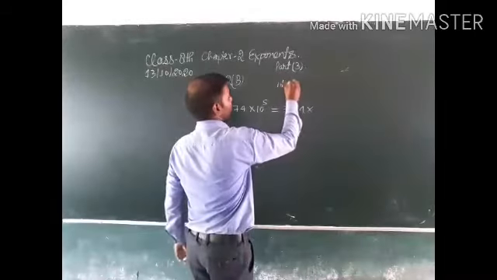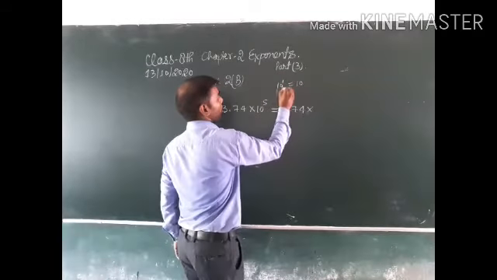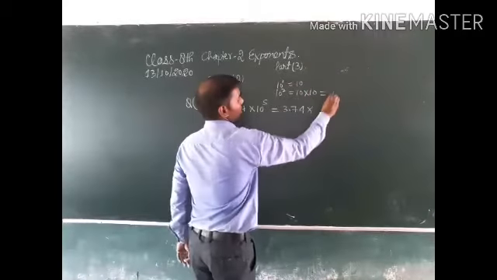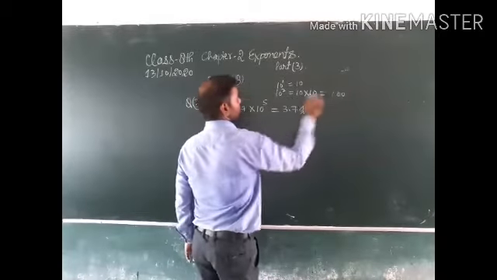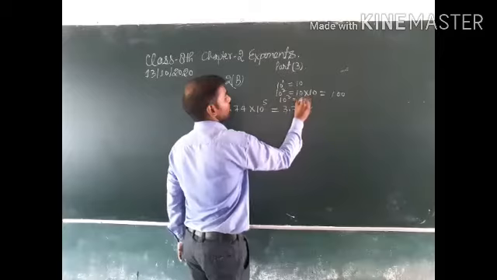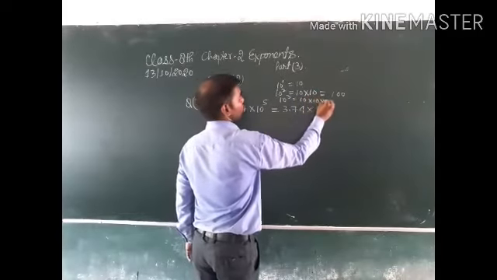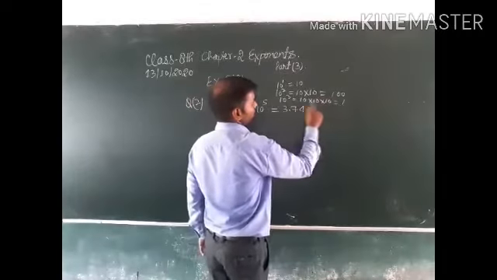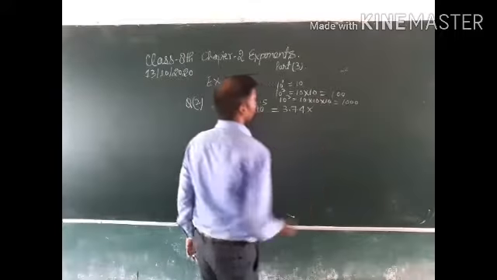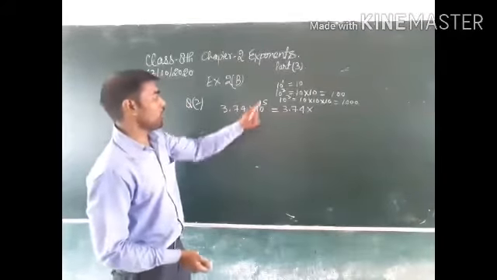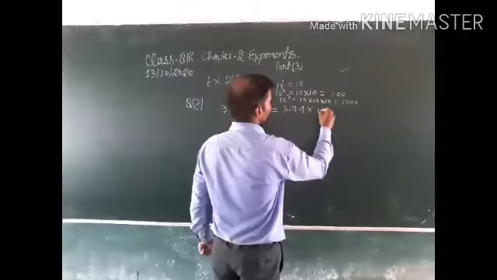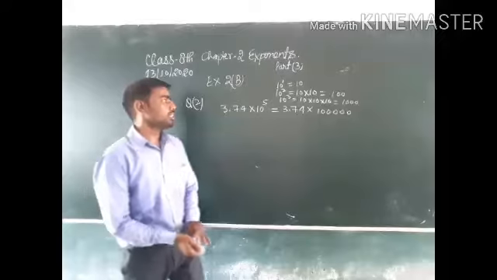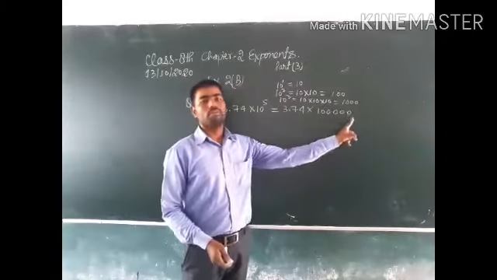10 to the power 1 means 10. 10 to the power 2 means 10 into 10, which is 1 and 2 zeros. 10 to the power 3 means 10 into 10 into 10, which is 1 and 3 zeros, that is 1000. So we can write 10 to the power 5 as 1 followed by 5 zeros.